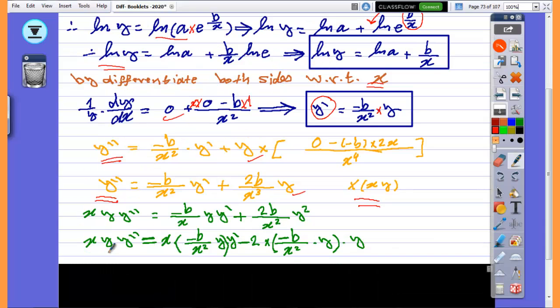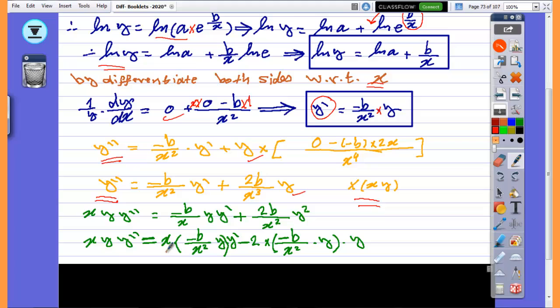Now x y y double dash equals x multiplied by negative b over x square y dash. Here we multiply up and down by x, so you will get x outside the bracket, and in the denominator we get x square.